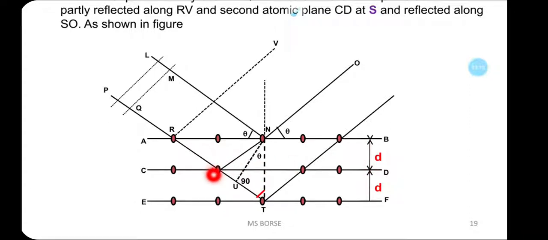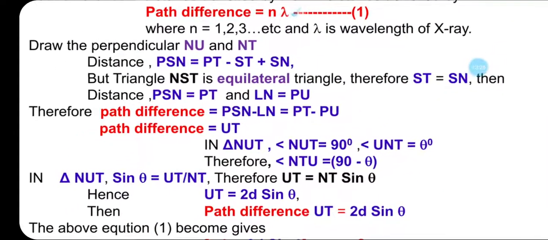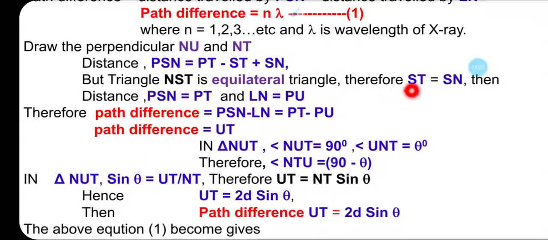That's why the triangle is equilateral, so the side SN is equal to ST. Then substitute the value of ST in the above equation. Then the distance PSN is equal to PT, since this will cancel because it is equidistant. So PSN is equal to only PT, and LN is equal to PU.